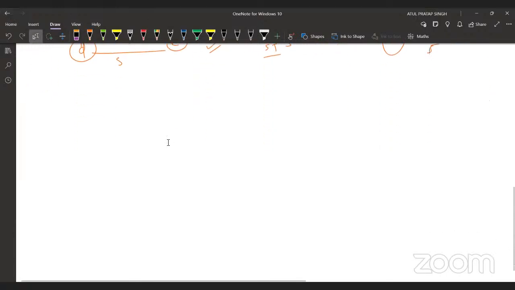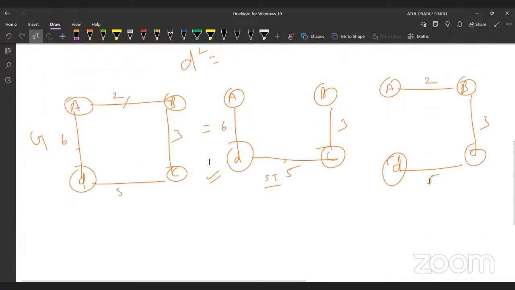And if we remove others, for example if we remove this 5, we will get this A, B, C, and this D, with 2, 3, 6. So these are all spanning trees for this graph. I think one more is also possible.